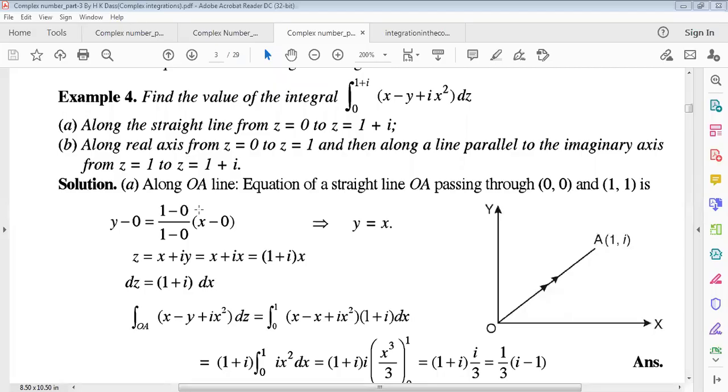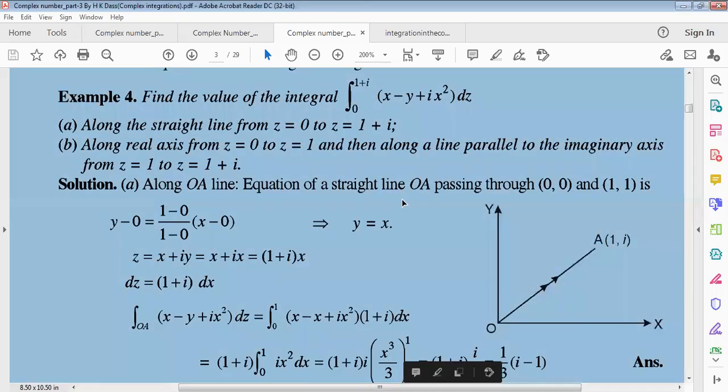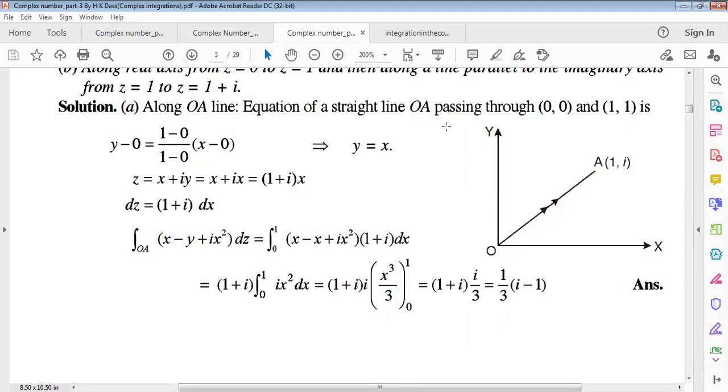Here x1 equals 0, y1 equals 0, x2 equals 1, y2 equals 1. Using the same formula, we get only y equals x. Okay, this is the straight line passing through the origin, y equals x.